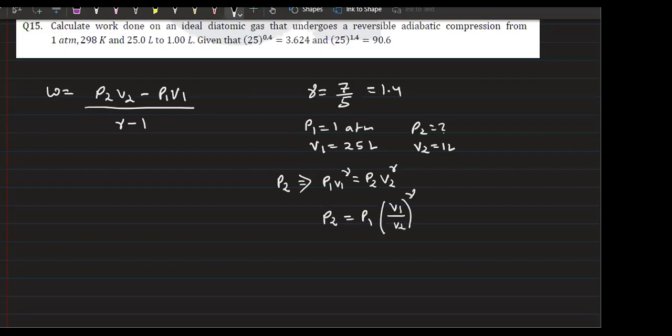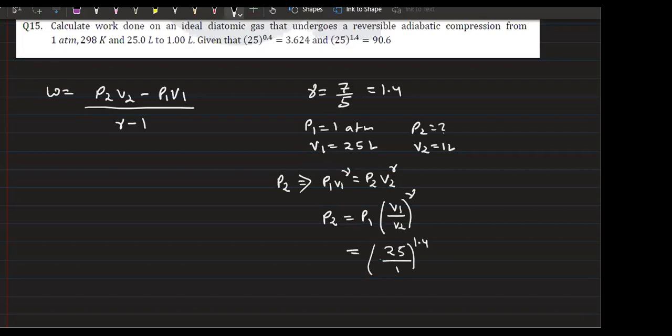So P1 is 1, V1 is 25, V2 is 1, and gamma is 1.4.